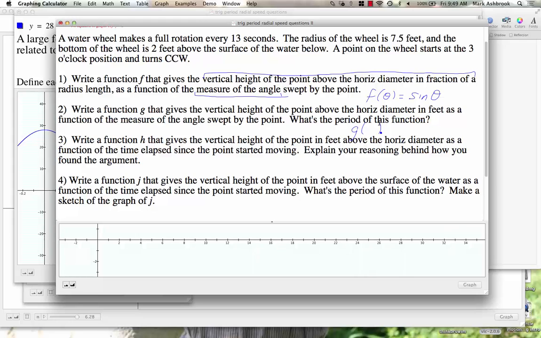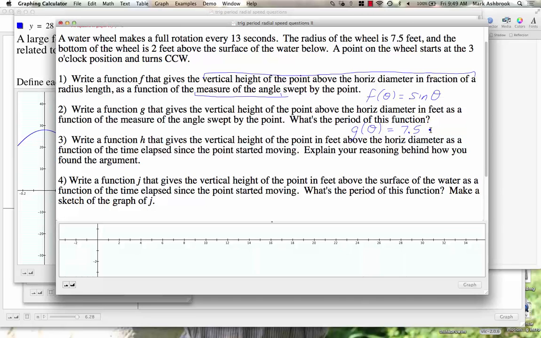Okay, what about g now? What's the input into g? Still theta, but what's the output now? It's vertical distance, but in what unit? In meters, or in feet. So this gives us a fraction of how many feet we want, or of what number?